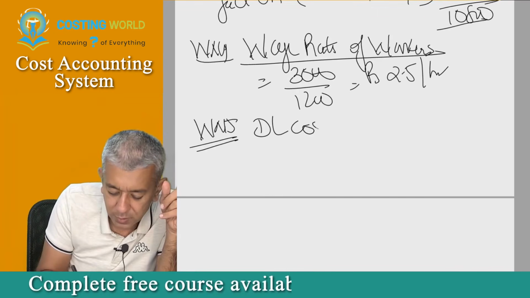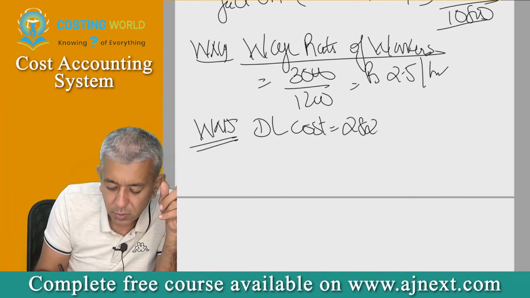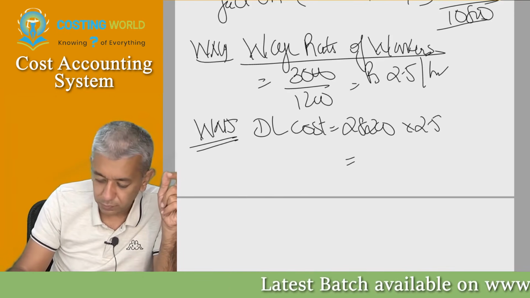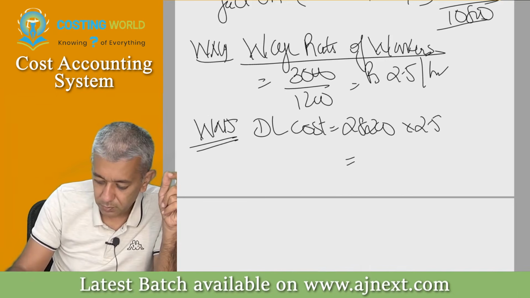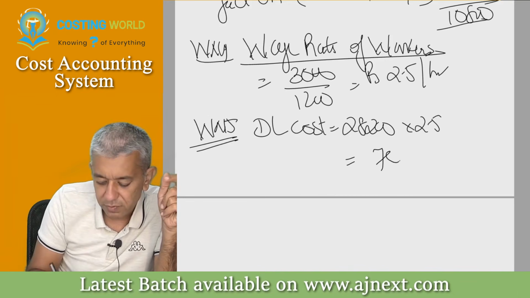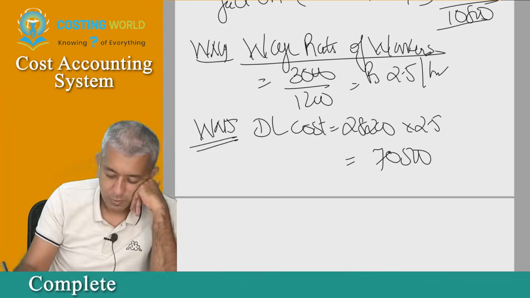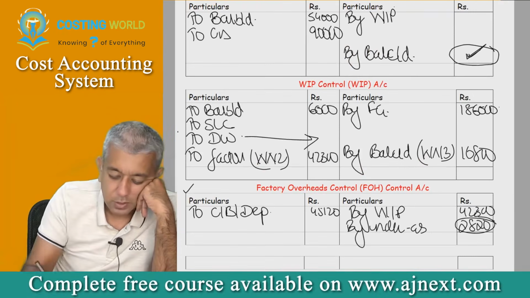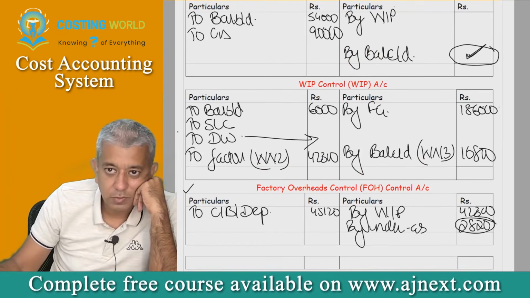So, direct labor cost is equal to 28,200 into 2.5. 70,500. This figure is 70,500.